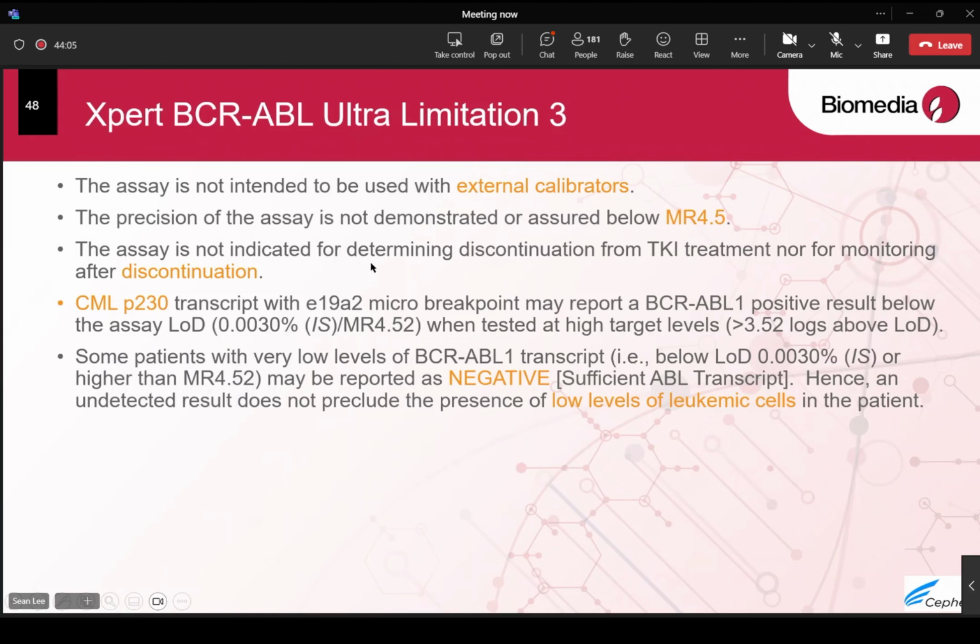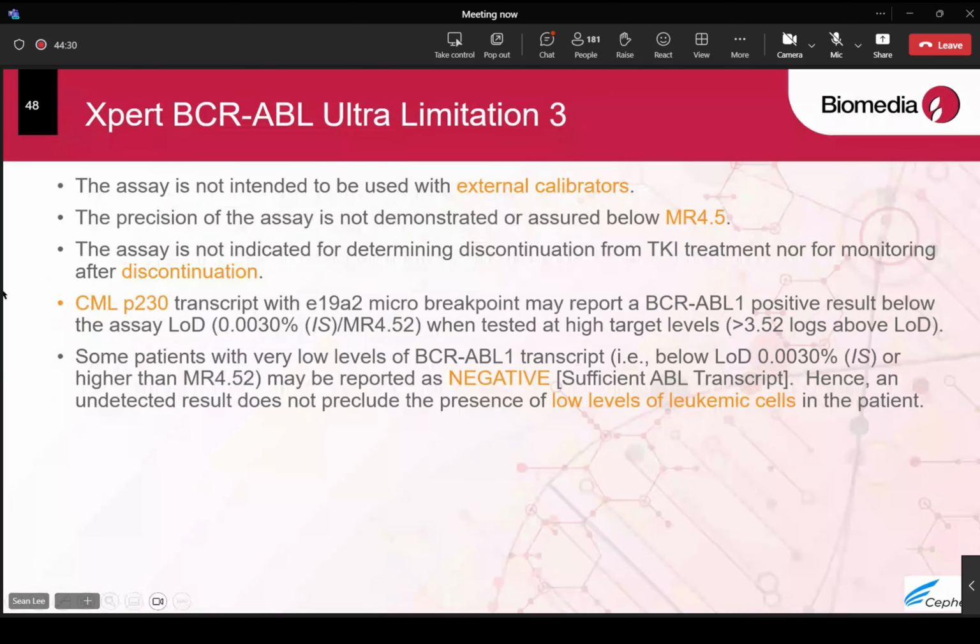You cannot use this test to determine discontinuation from TKI treatment or for monitoring after discontinuation. I understand that clinicians want to see whether they can use it after they stop the patient's TKI therapy, but this test is not meant for that at the moment.